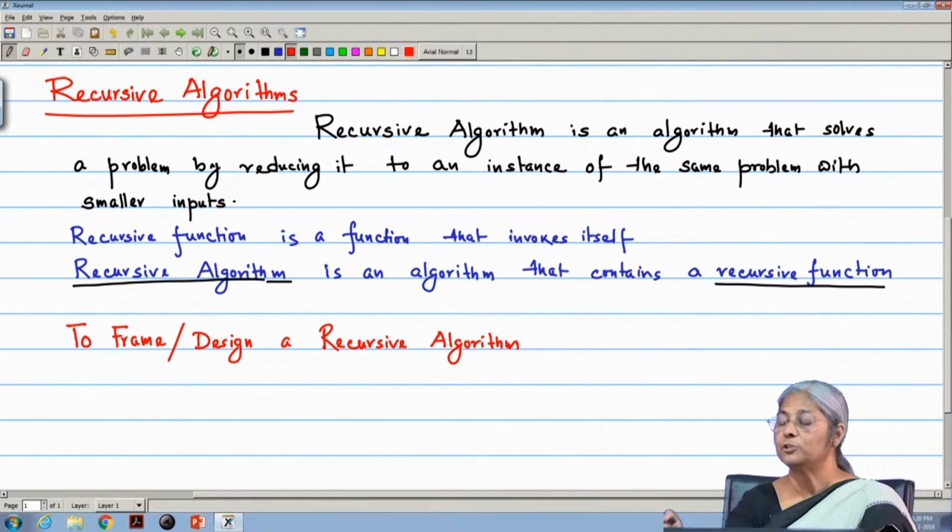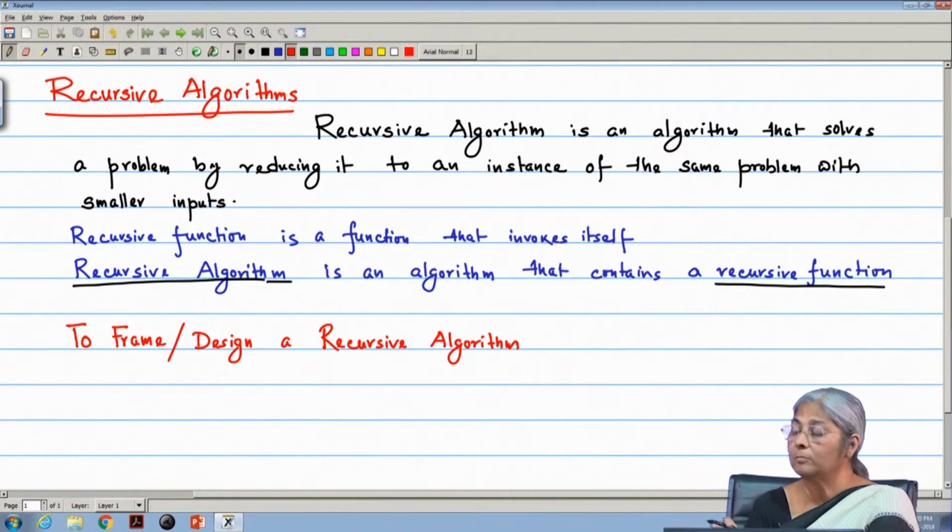Since I just mentioned that a recursive algorithm contains a recursive function, and since we know how to form a recursive function, the algorithm will automatically call itself.